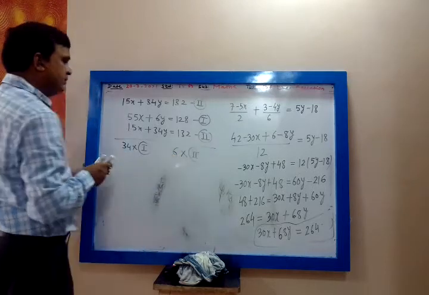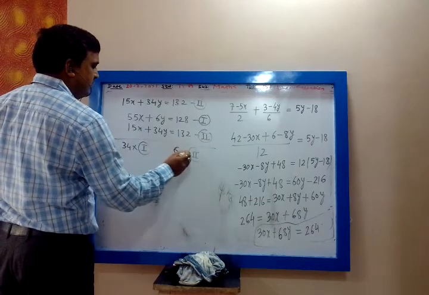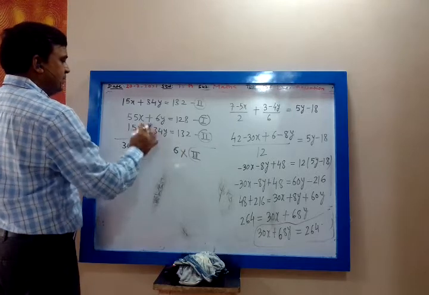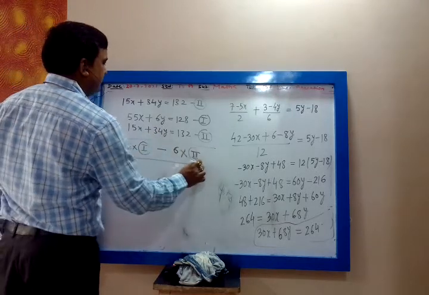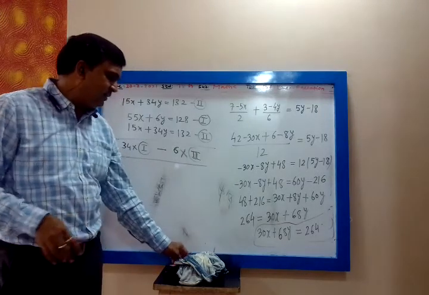We multiply equation 2 by 6, but they have same sign, no? Plus plus, so I will write minus. So multiply equation 1 by 34.